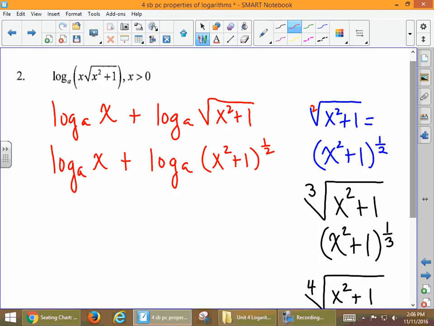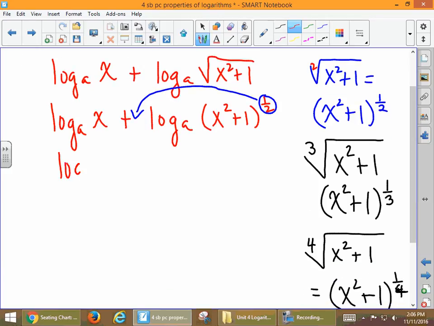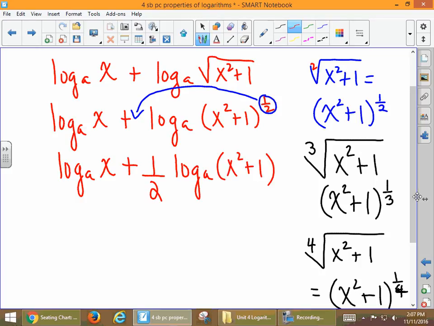And when we write that with an exponent, that allows us to use the power property, which says that we take our exponent and write it as a coefficient. So we're going to get log base a of x plus 1/2 log base a of x squared plus 1.